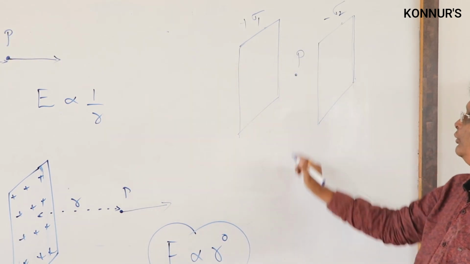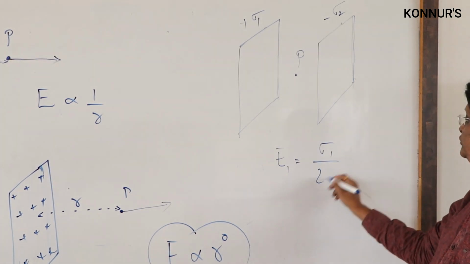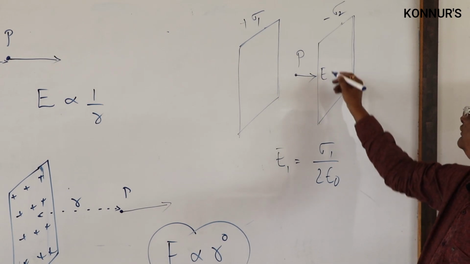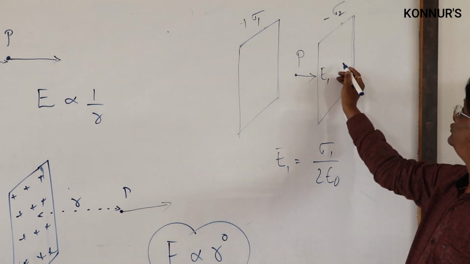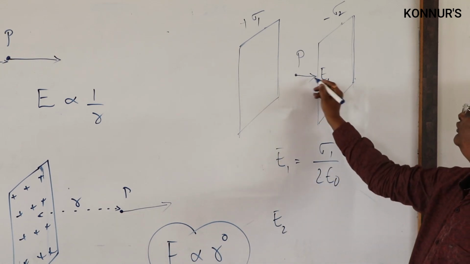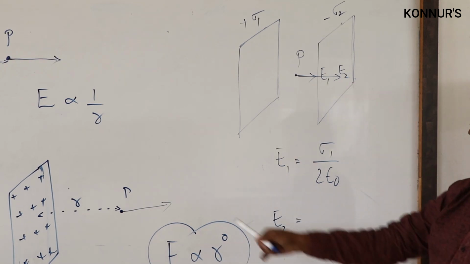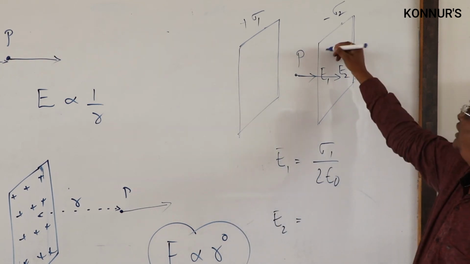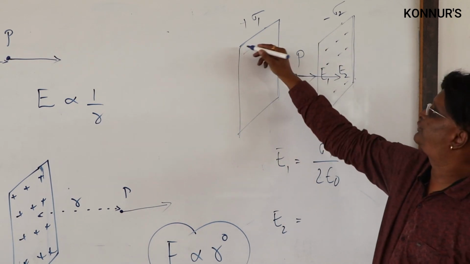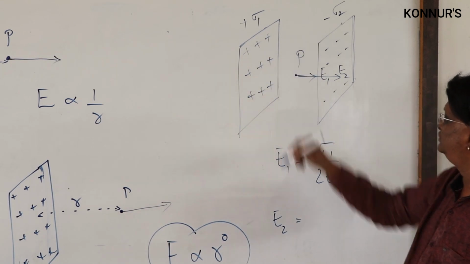Therefore here first we have to write the vectors. Due to sigma 1, E1 is equal to sigma 1 by 2 epsilon naught, and it will be this vector. I am writing the vector E1, and due to sigma 2 we also get E2. The E2 will also be in the same direction. Why? Because earlier we have told that negative charge means normal and towards the sheet. If it is positive charge, it is normal and away from the sheet.